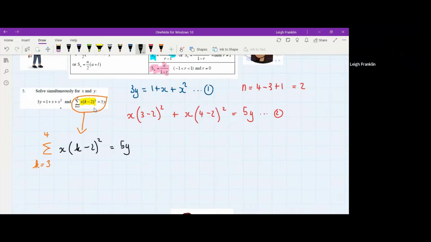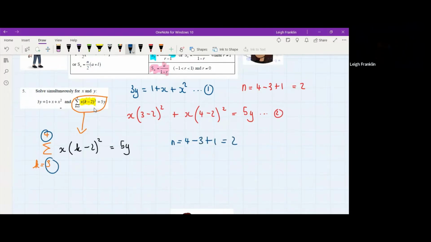Yes. Okay. Now I need to work out how many terms there are in my sum, so I know how many things to add together to make 5y. The number of terms on the left-hand side of the equation is going to be the number at the top, 4, minus the number at the bottom, 3, plus 1.